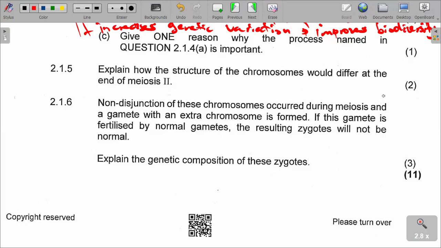Therefore, each chromosome in the resulting gamete will consist of a single chromatid, not two as shown in the diagram.